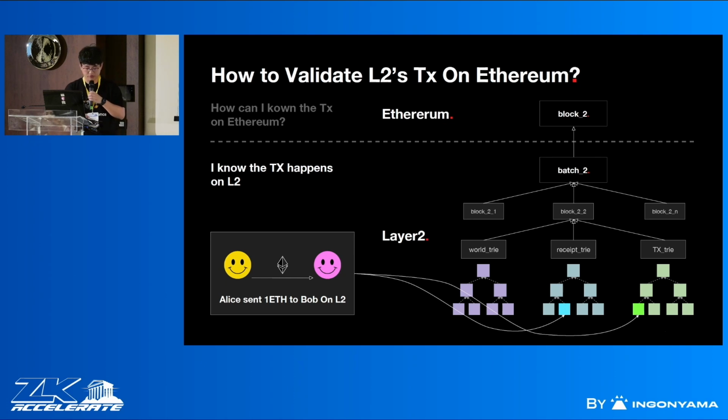So how do we validate the layer 2 transaction on Ethereum? Let's take an example: on a layer 2, Alice sends one ETH to Bob, and we can retrieve the transaction by its hash from the layer 2 explorer.